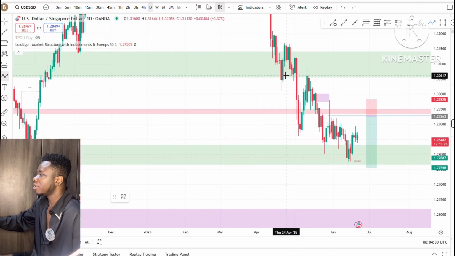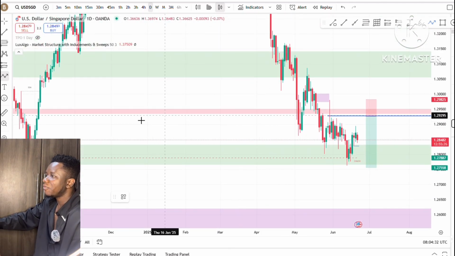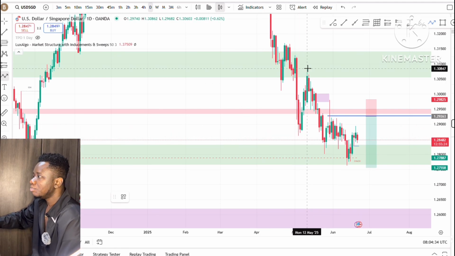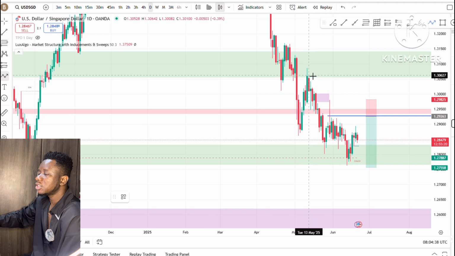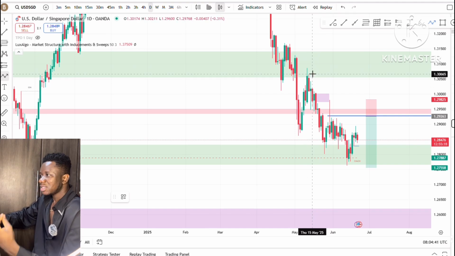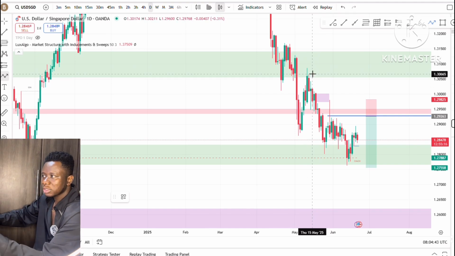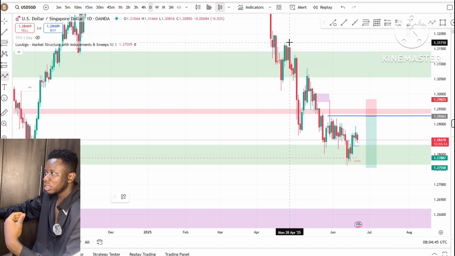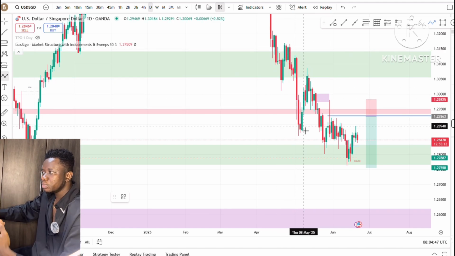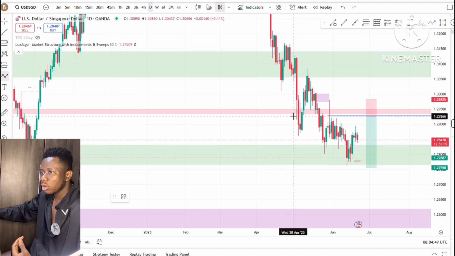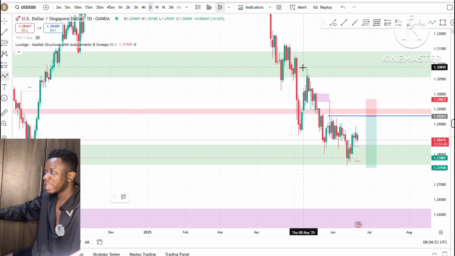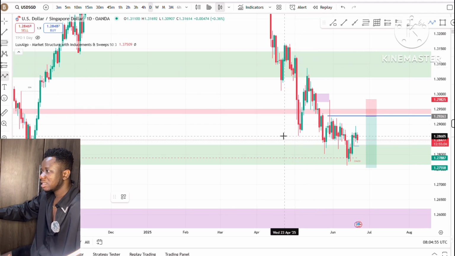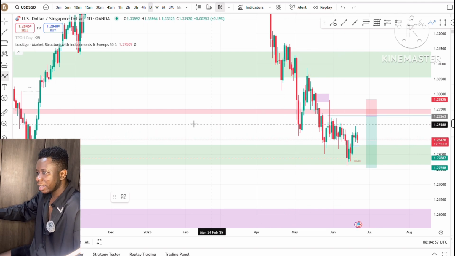As you can see from the daily time frame, when price mitigated the 3-month area, the 3-month support that turns resistance, because price broke below it, which means now it turns resistance. So price came back to retest it, then after retesting it, broke again.